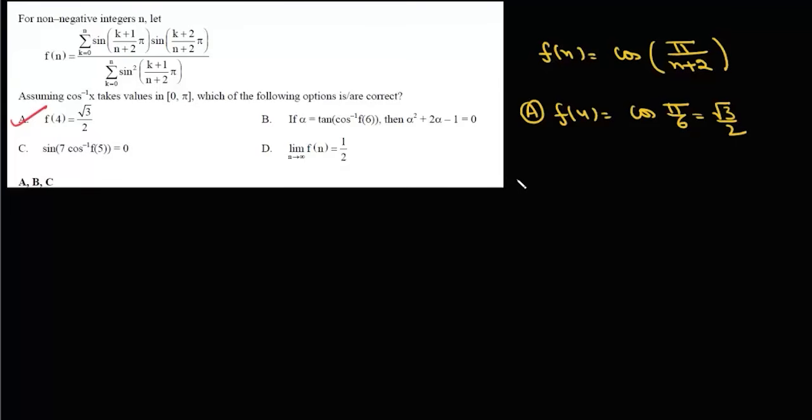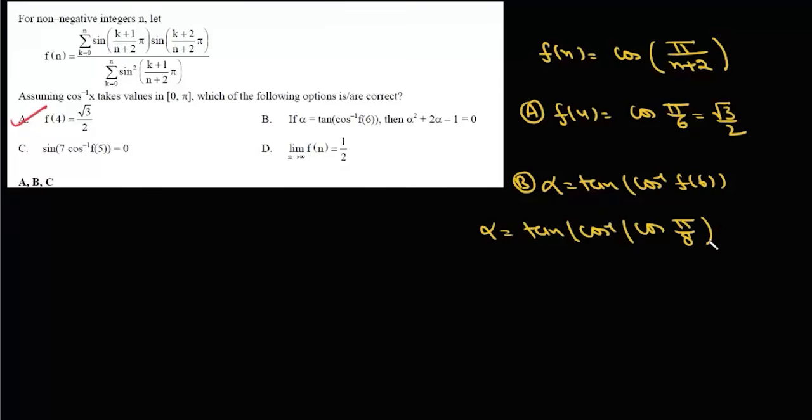Now for option B, we have α equals tan of cos inverse of f6. Now what is f6? f6 is cos(π/8).